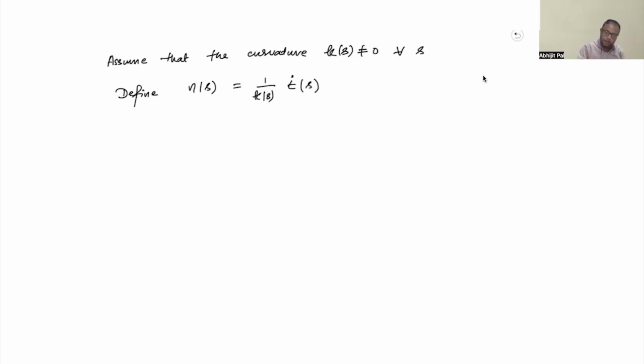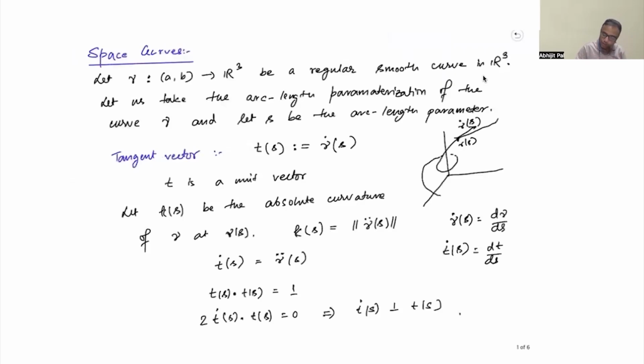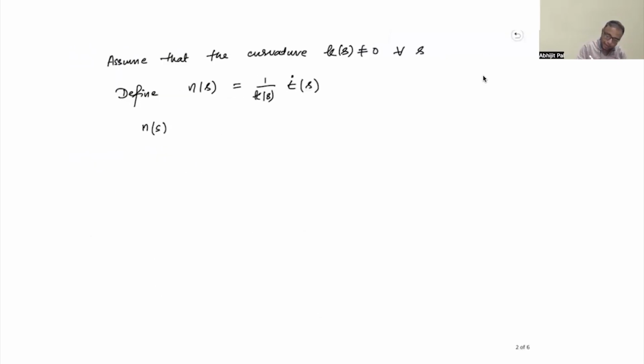Because T dot s is orthogonal to Ts, this Ns will be orthogonal to Ts.